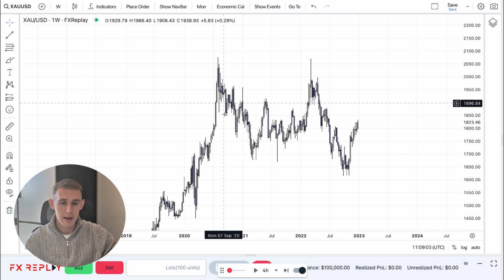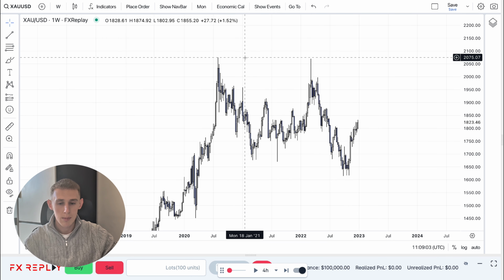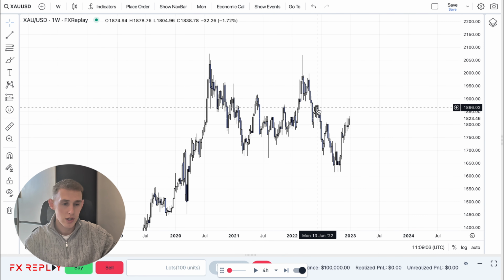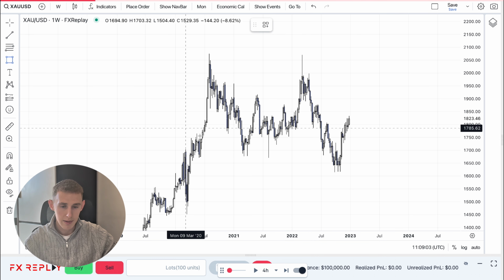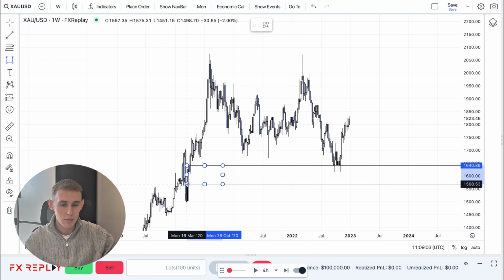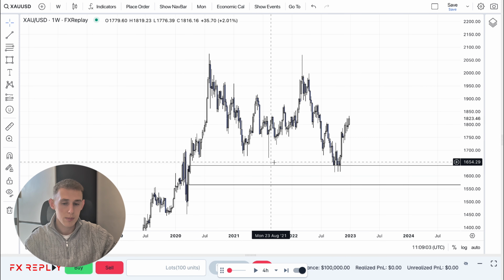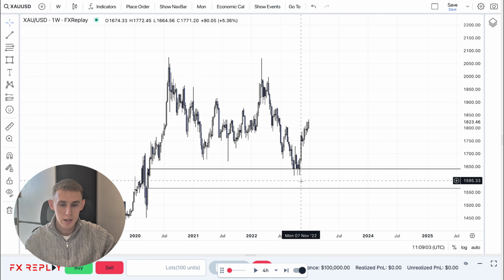Price failed to take out this previous high up here, so this was not a sweep. But what it has done now, it has broken out of the bottom of this consolidation and reacted from this weekly demand down here, taken out all of these previous lows that we had created above that level.